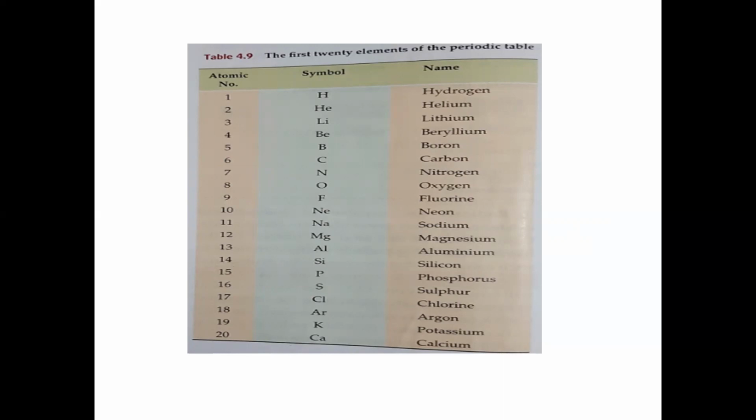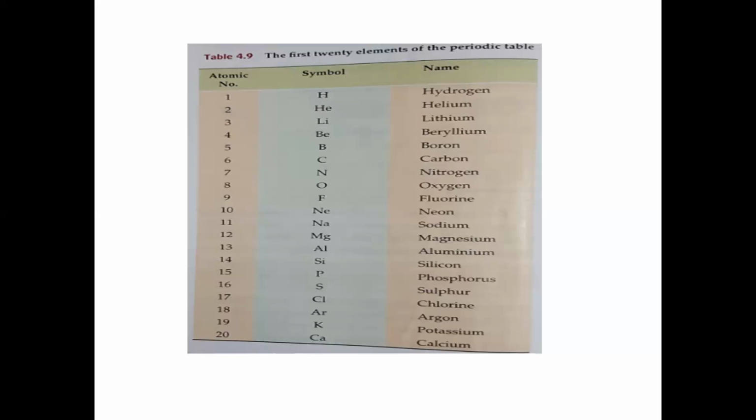Atomic number 8, symbol O, and the name is oxygen. Atomic number 9, symbol F, and the name is fluorine. Atomic number 10, symbol Ne, and the name is neon.